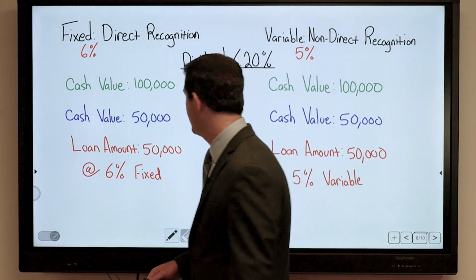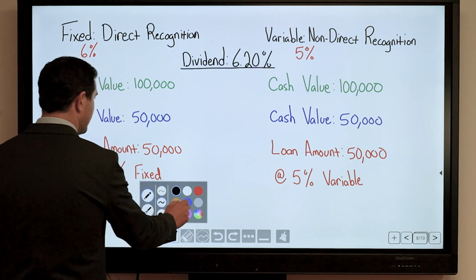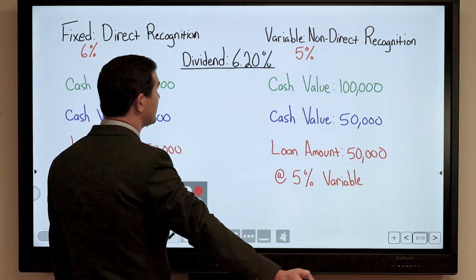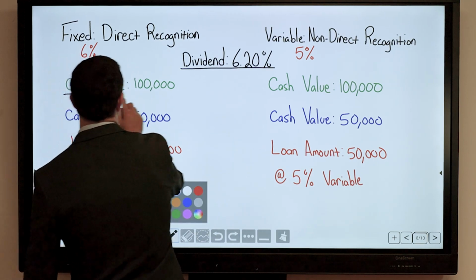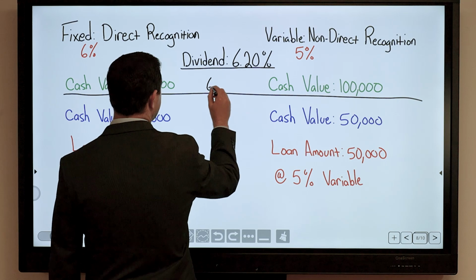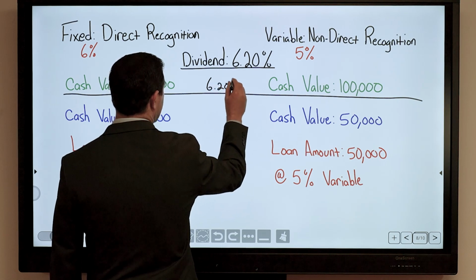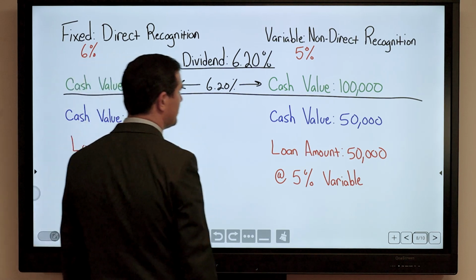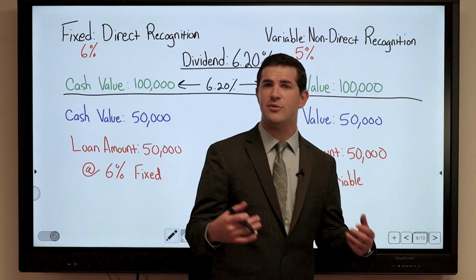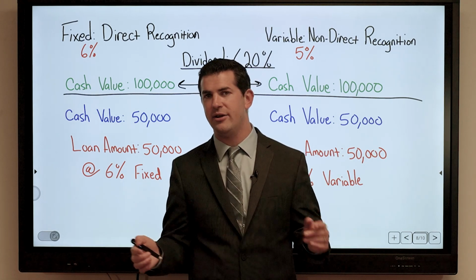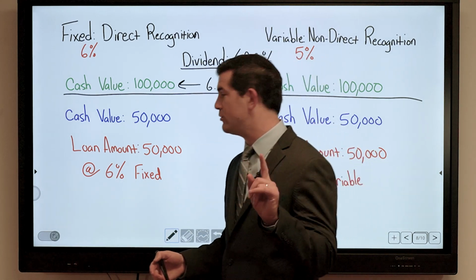If I have $100,000 in cash value, and I just let the money sit and grow, I don't touch it, that 6.2% dividend, I'm going to earn that on my money. If I don't touch the money in cash value, it doesn't matter if I go with non-direct or direct recognition. It has zero impact. When I loan it, that's where I will see the difference.